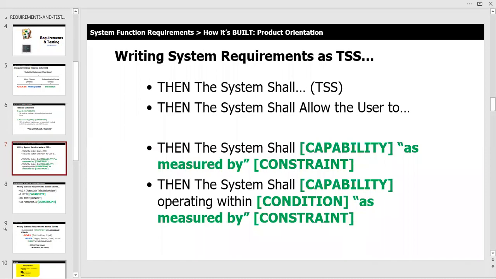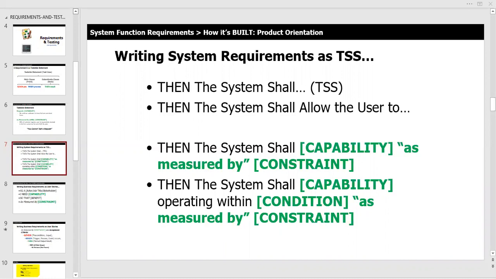So again, traditionally, we don't think in terms of a test case when we're writing requirements. We just think of writing a requirement as the way that we're always supposed to write requirements. So as an example, looking back at what we just had, you really had two types.